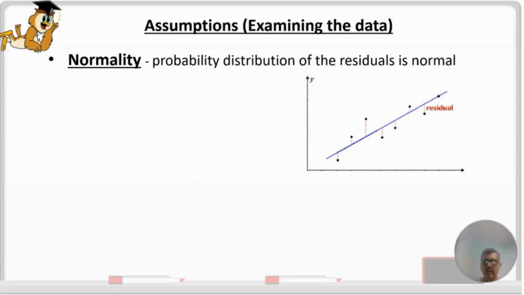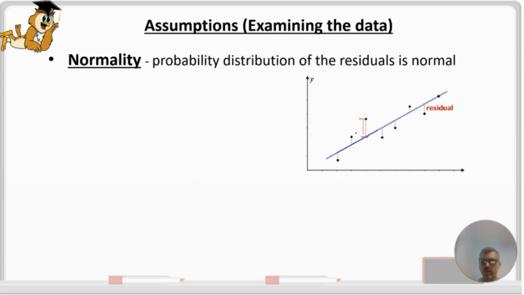We know the residual is defined as the difference in the y coordinates of the black point and the corresponding point on the hyperplane. So these are the residuals. What this assumption says is that the probability distribution of the residuals should be normal.